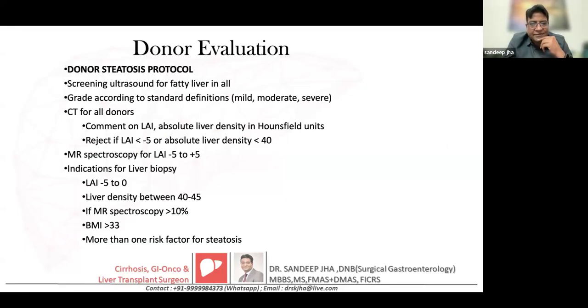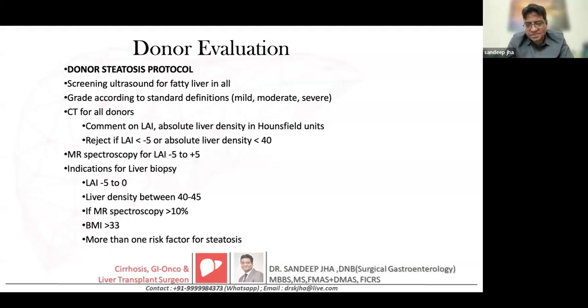So this is the protocol that we follow for donor steatosis. Like I said, liver attenuation index on a non-contrast CT scan is required to see if the liver is fatty or not. Increasingly these days, MR or MRI is also being used to evaluate for fatty liver, but it differs from center to center.